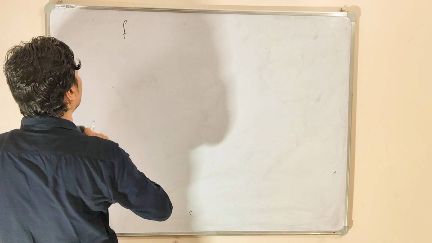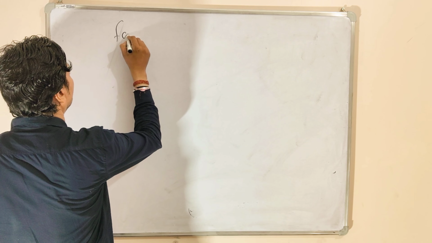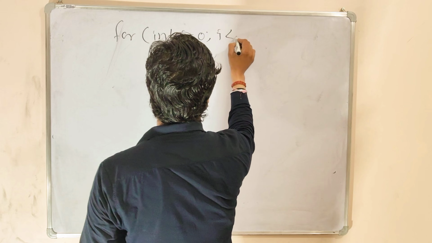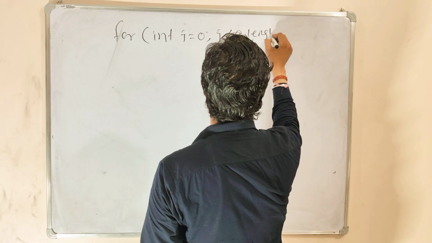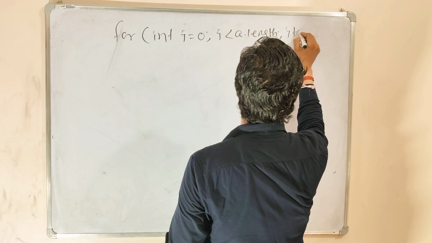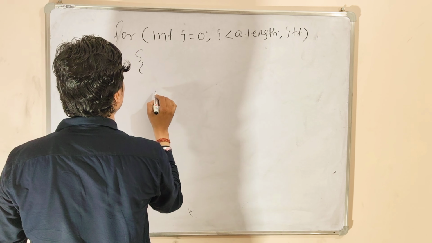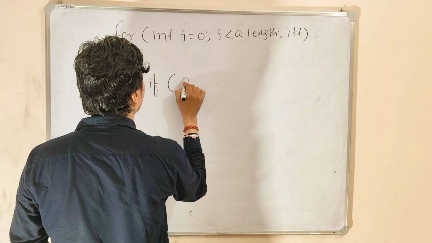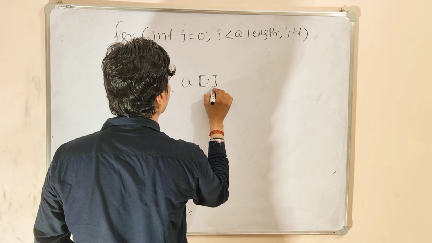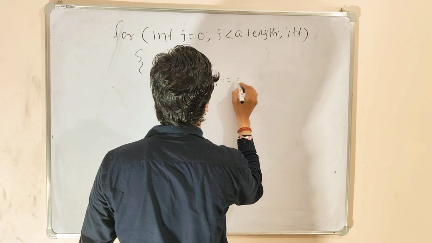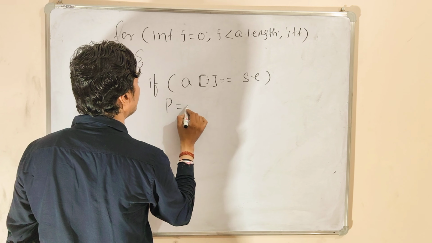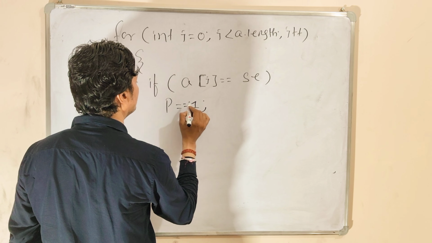Now take another for loop. For int j equals 0, j less than a.length, j plus plus. If a[j] double equals se, then p equals 1. Why is it equals to?